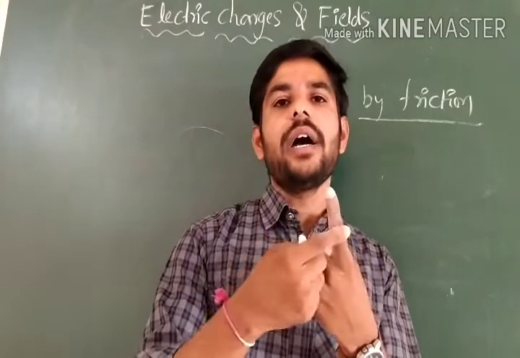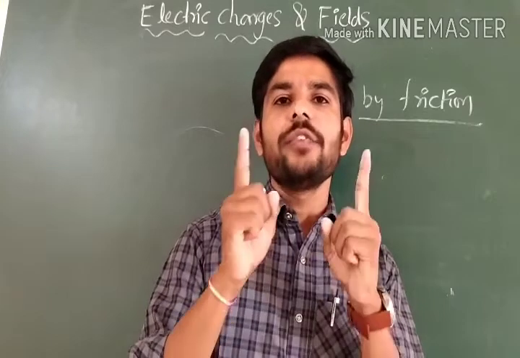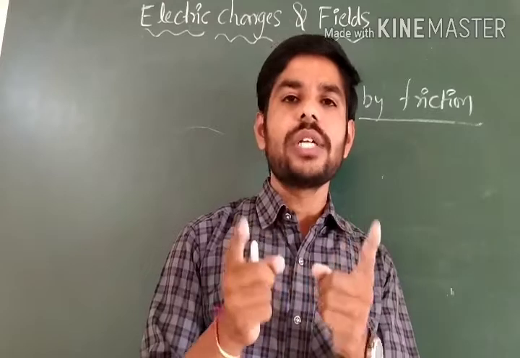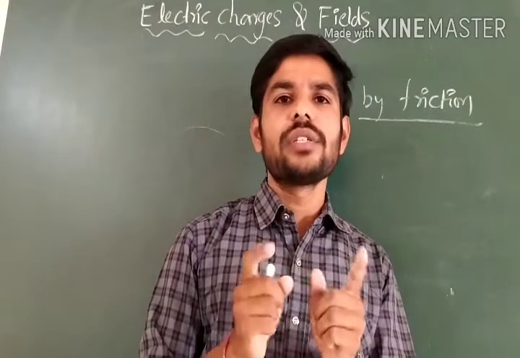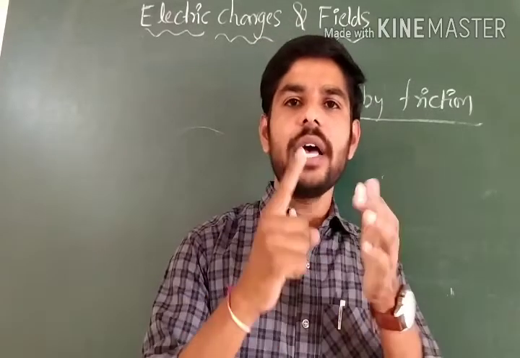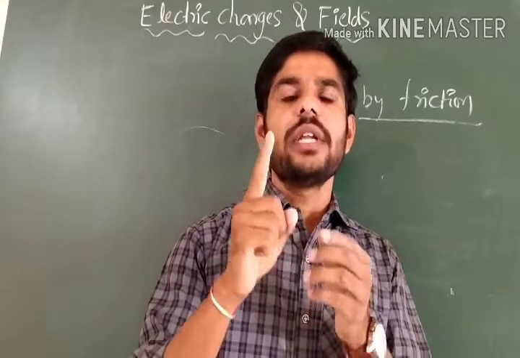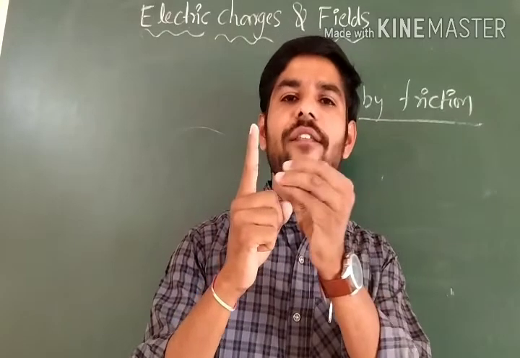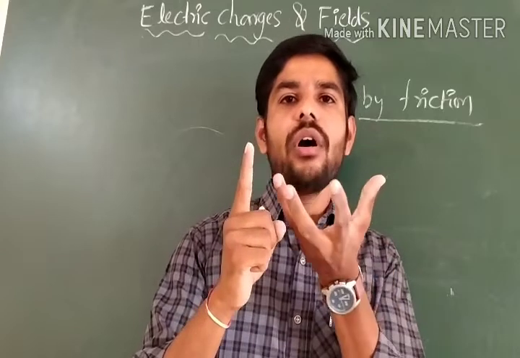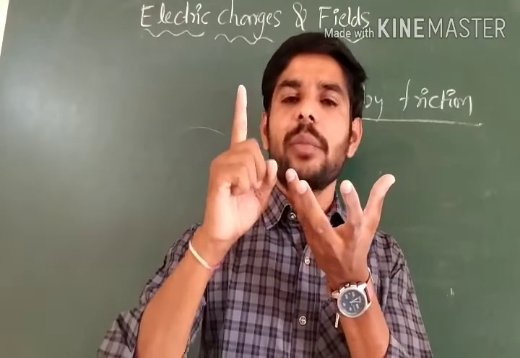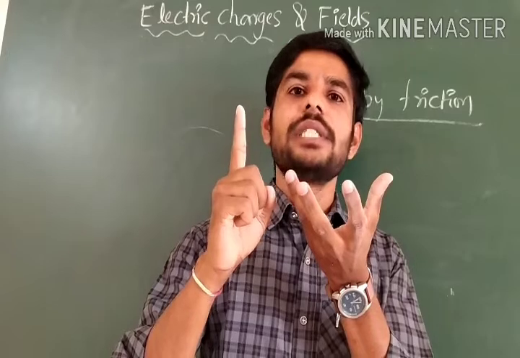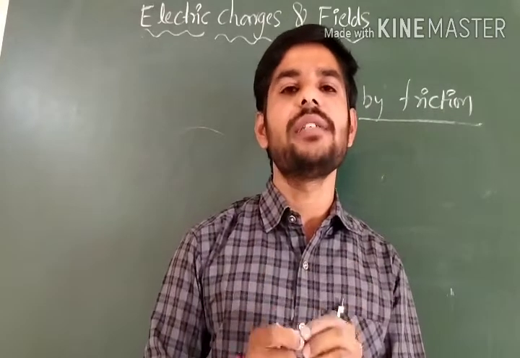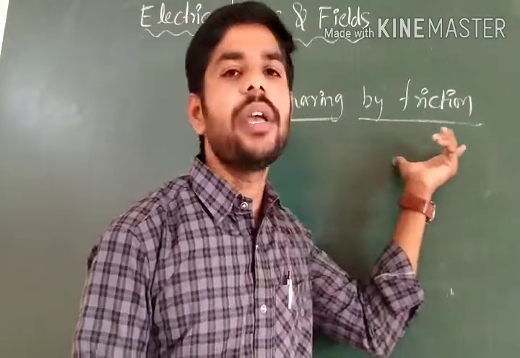I rubbed the same glass rods with a silk cloth, so the two rods will have the same charge. Suppose you take wool or cotton and bring it close to the charged rod, it will be attracted, because the wool is neutral but the glass rod has been charged. This is a basic example of charging by friction.